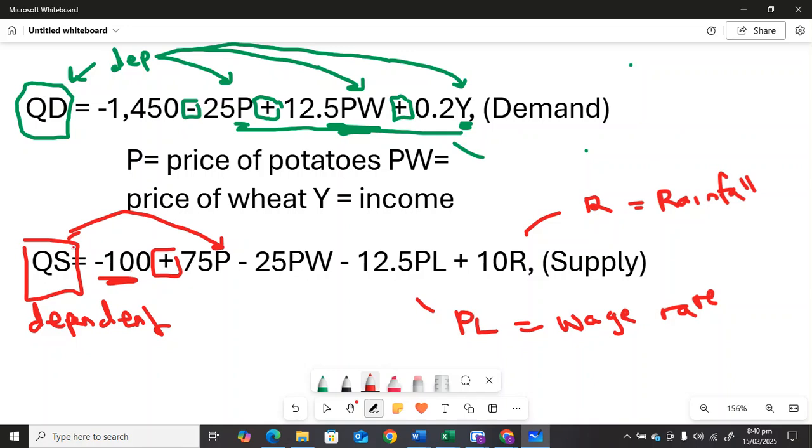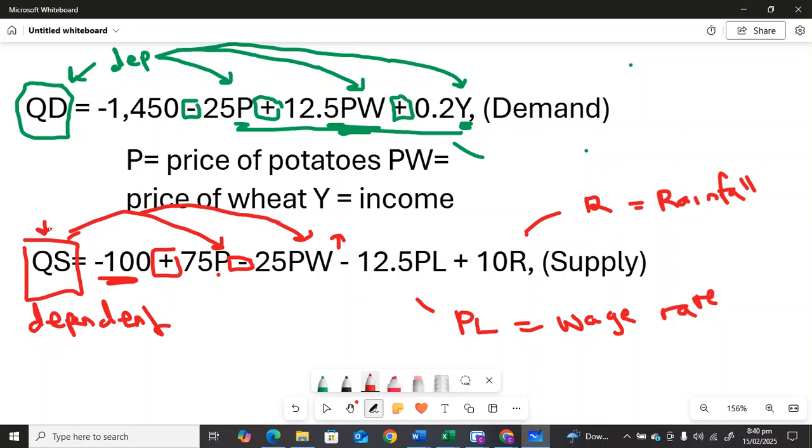So quantity supplied is dependent on the price of wheat. It's also dependent on the price of potatoes, P. It's also dependent on the price of wheat. We've got the negative sign here. So if the price of wheat goes up, quantity supplied of potatoes is going to go down because sellers are going to say, oh, we can make more money selling wheat, so let's stop selling potatoes and sell wheat.